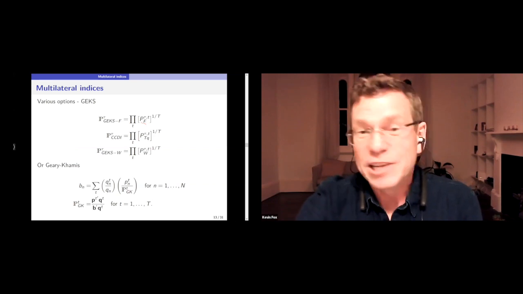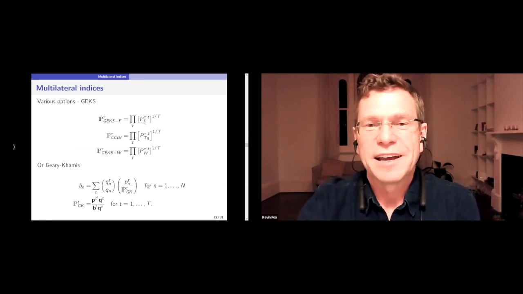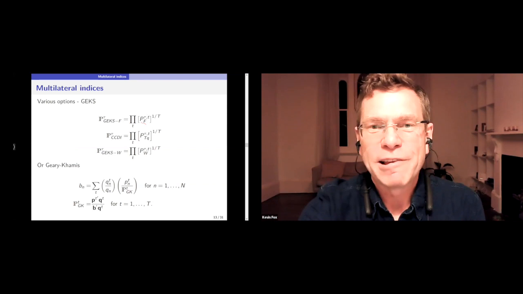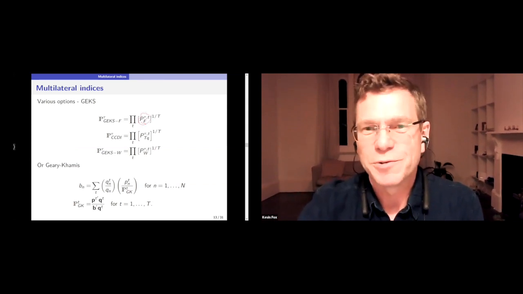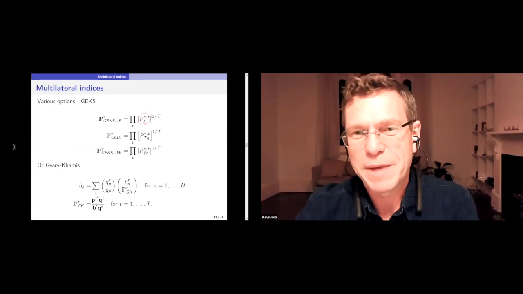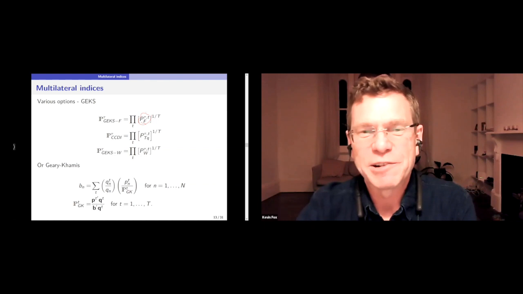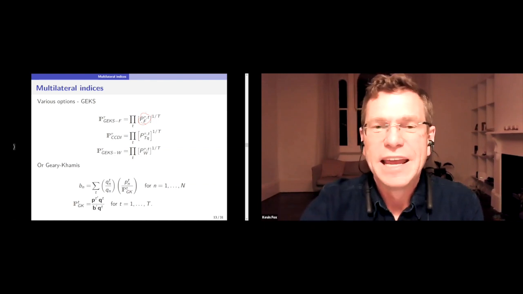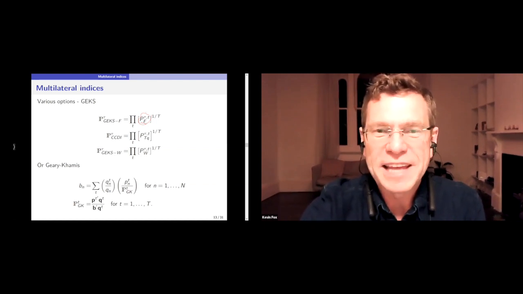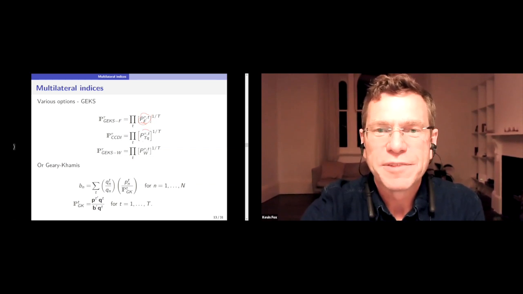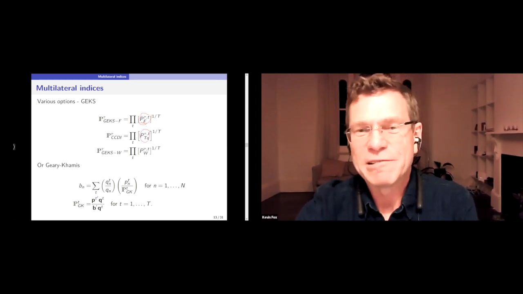Then you can have different versions of this by varying the bilateral index number that's used to do the period on period comparisons. The original GEKS method has the Fisher index, but you could have the Törnqvist index in here as well.